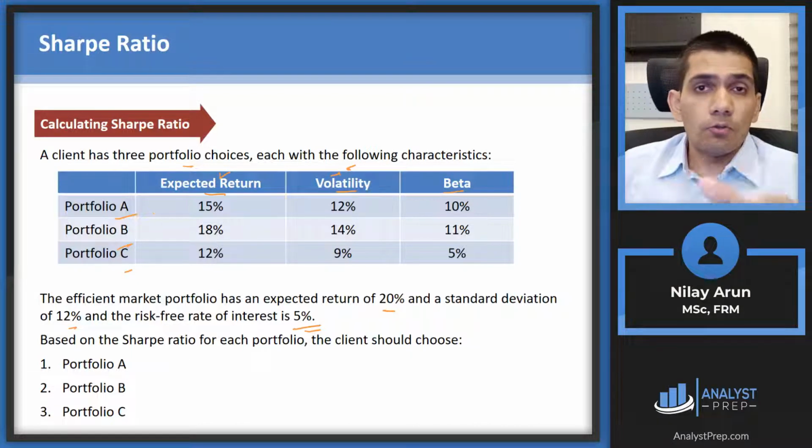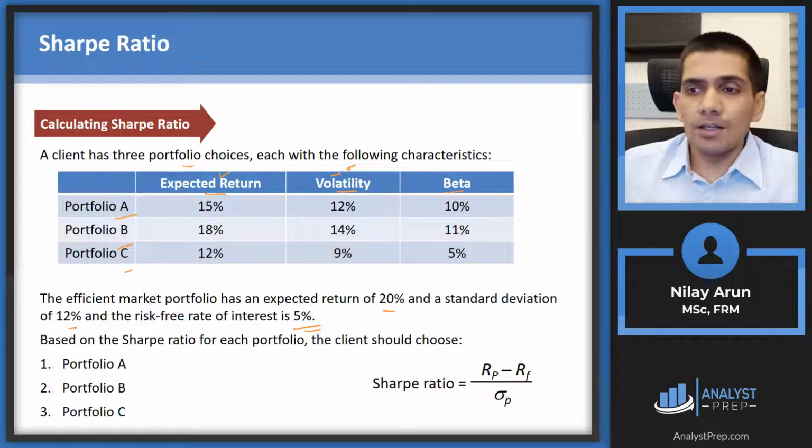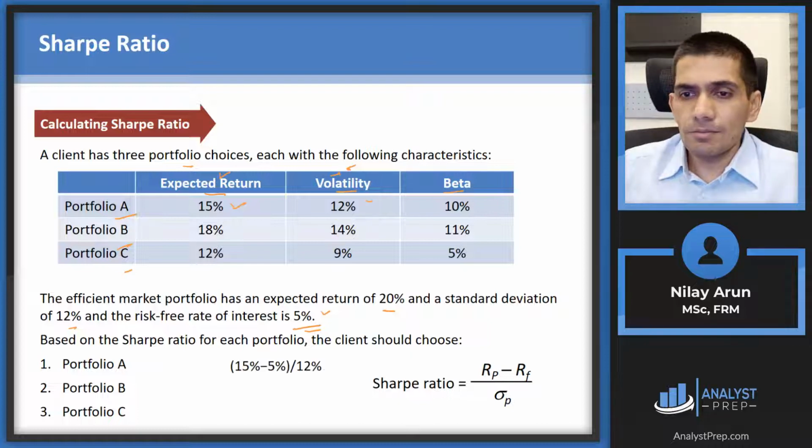So for portfolio A, how would we calculate it? We have 15% expected return. That is your formula for the Sharpe ratio, RP minus RF divided by the standard deviation. Your portfolio return for A is 15, the risk-free rate is 5 and your standard deviation is 12. So how do we do this? We do 15 minus 5, which is your excess return, divided by 12%.